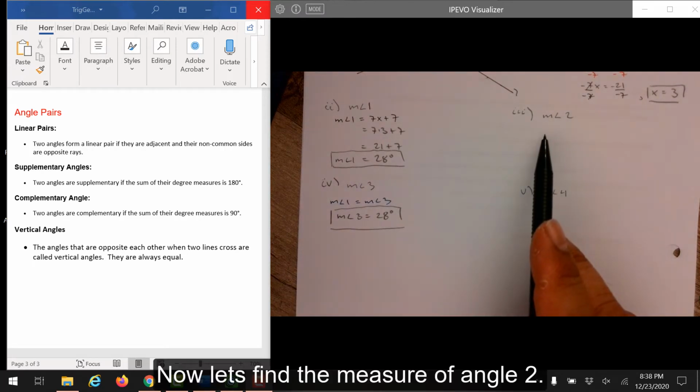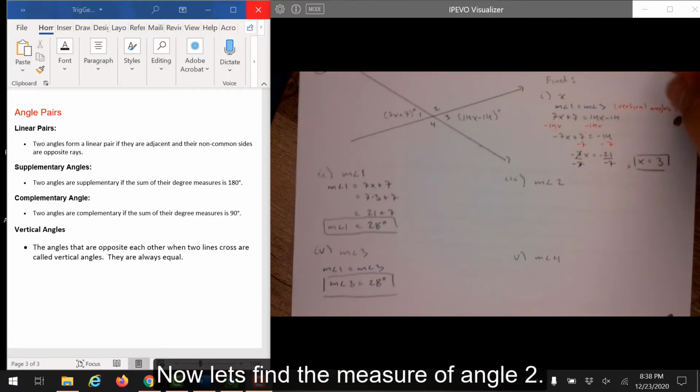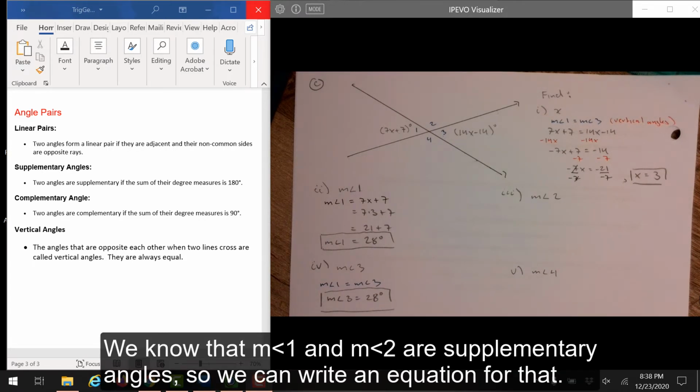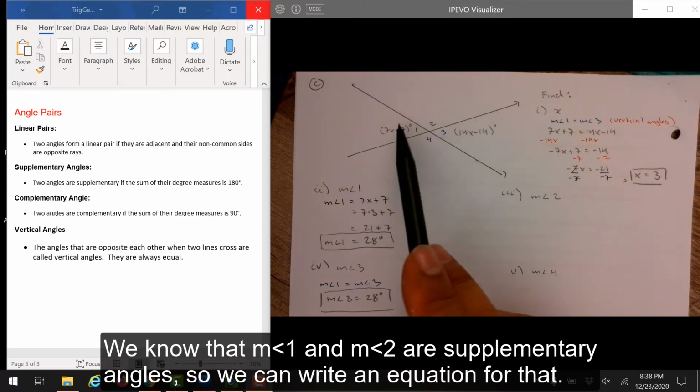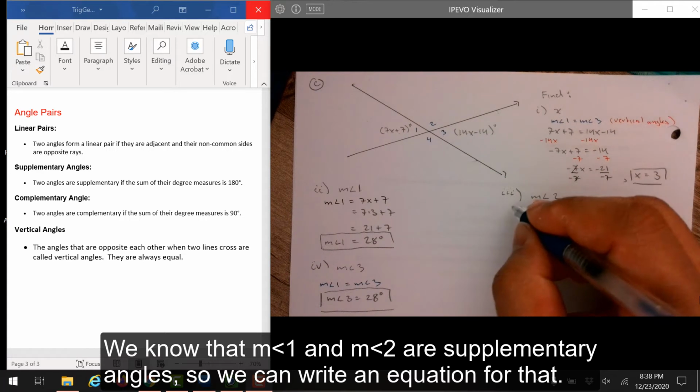Now let's find the measure of angle 2. We know that measure of angle 1 and measure of angle 2 are supplementary angles, so we can write an equation for that.